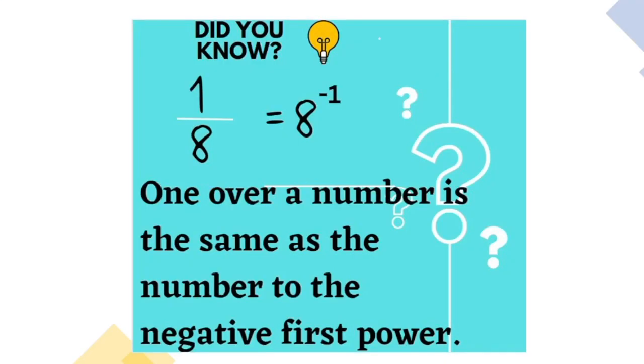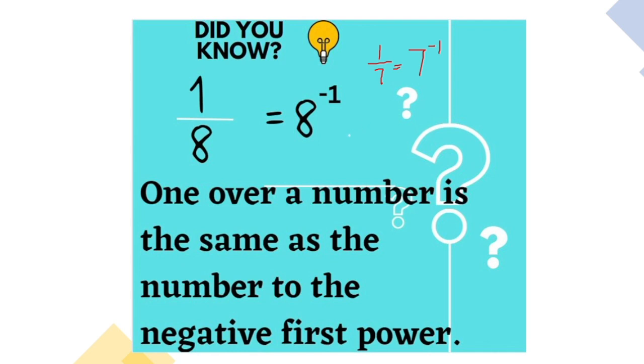Now, did you know 1 over 8 is equal to 8 to the power of negative 1? So whenever you see 1 as the numerator and a number below it, it can also be written as that number to the power of negative 1. So whenever you see a negative power, it is 1 over that same number.